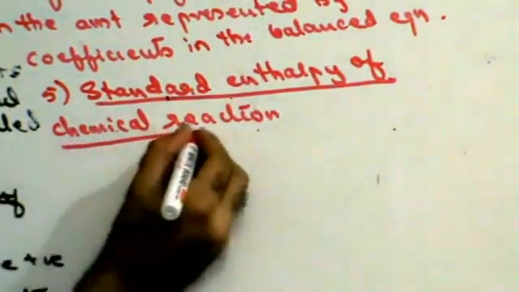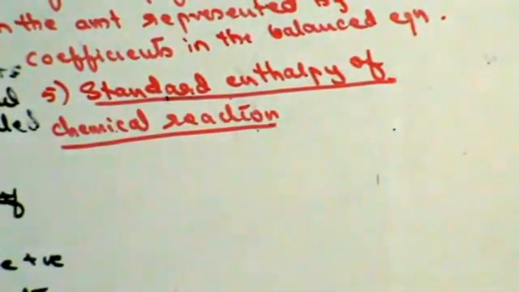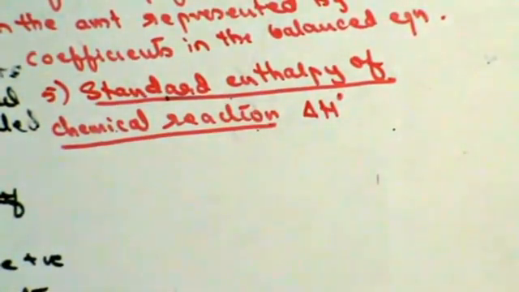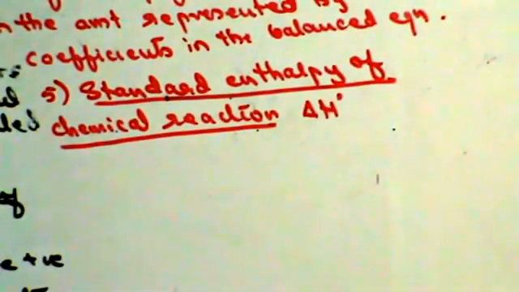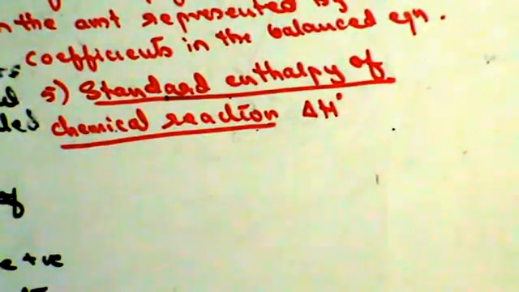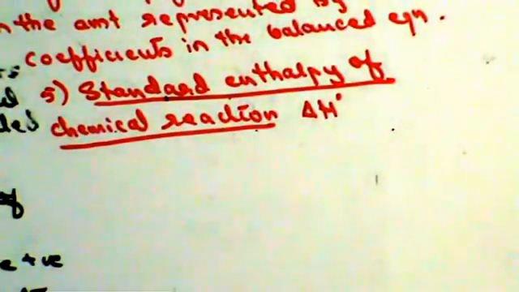Generally, when you are doing Hess's law, you will be writing your enthalpy in terms of standard enthalpy, which is represented as delta H degree, right? So, what do I understand by standard enthalpy of chemical reaction? It is the standard state of a substance in the form in which it is most stable at a pressure of 1 atmosphere at a particular temperature.